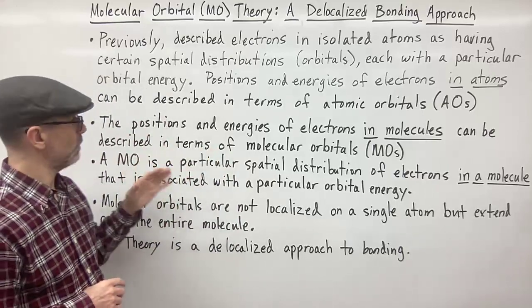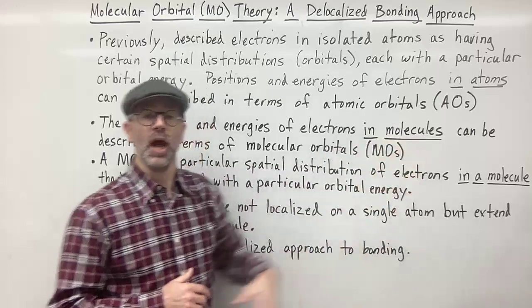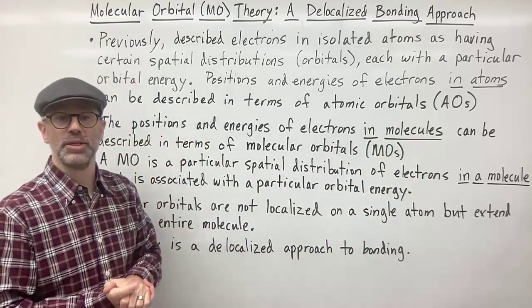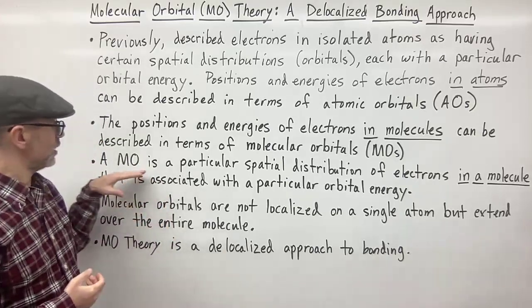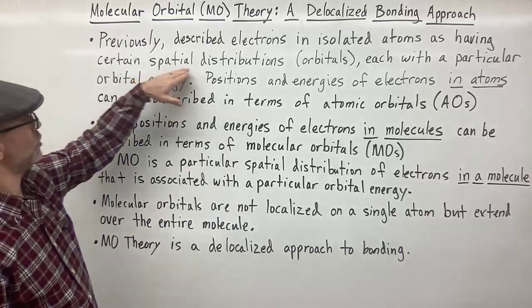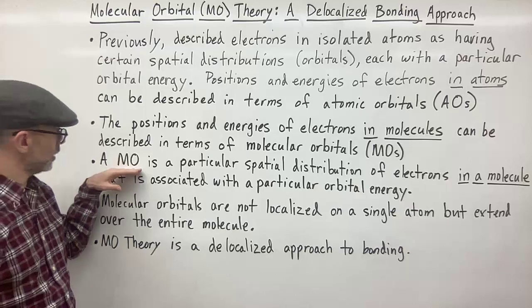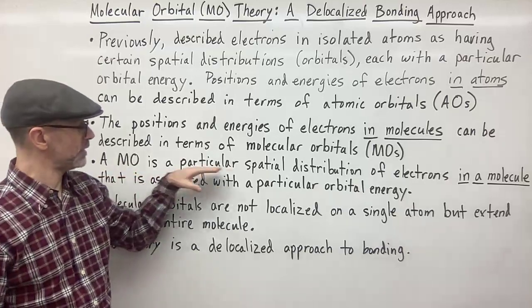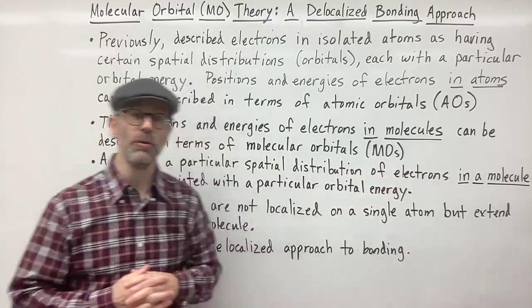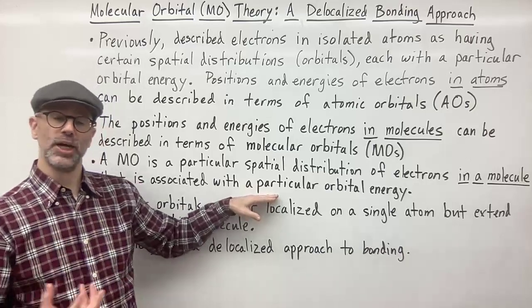But the position and energies of electrons in molecules can be described in terms of molecular orbitals, such that, just like the atomic orbitals are certain spatial distributions with certain energies, a molecular orbital is also a particular spatial distribution of electrons in a molecule that is associated with a particular orbital energy, right?